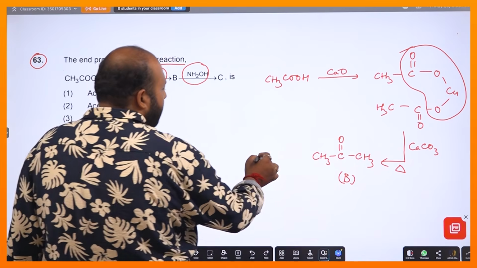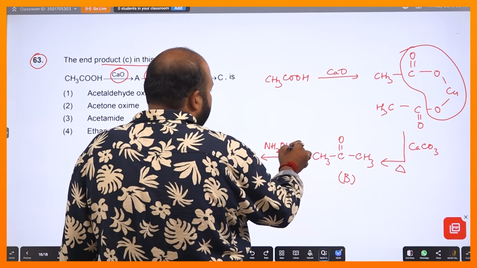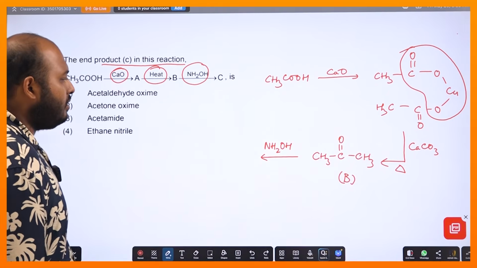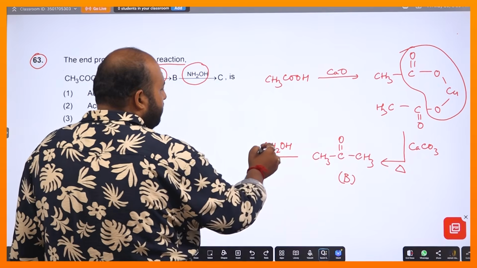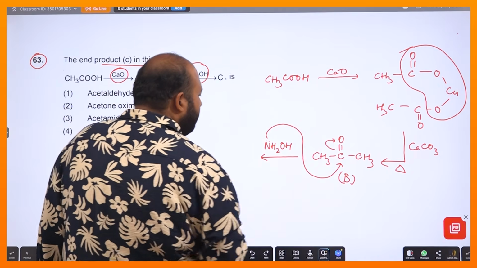Afterwards, we are reacting the ketone with hydroxylamine, and the product, first it will do an addition.